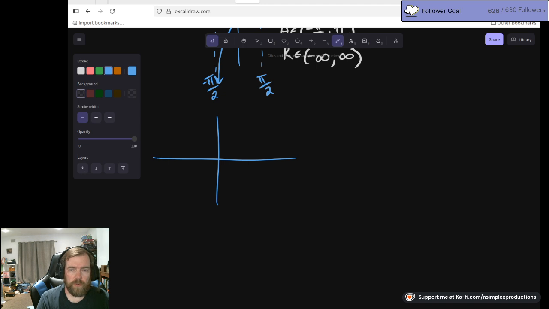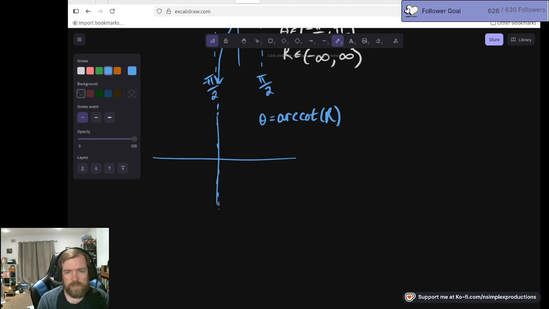The other two are a little bit weird. So when we get theta equals arc cotangent of r, we have to think about the original cotangent function.